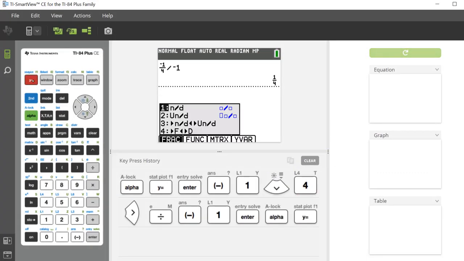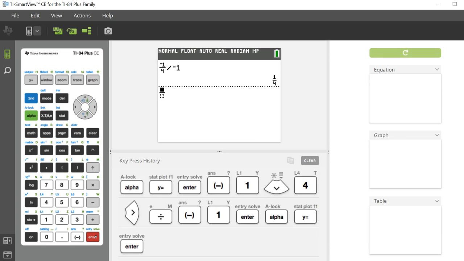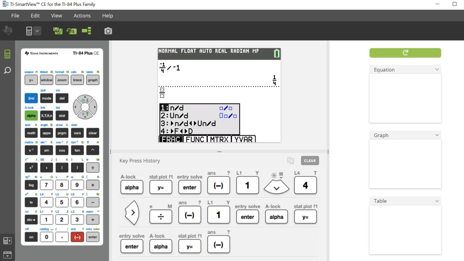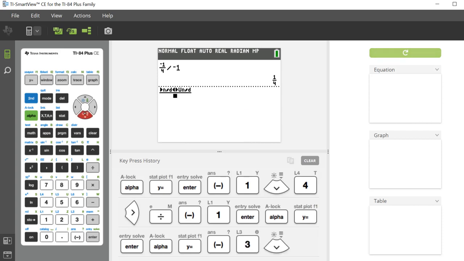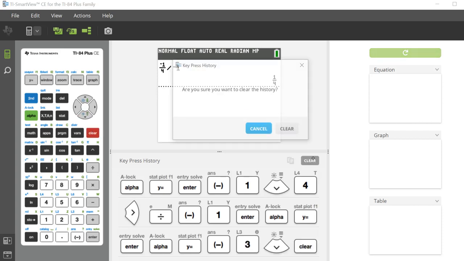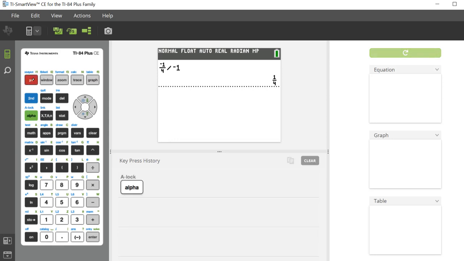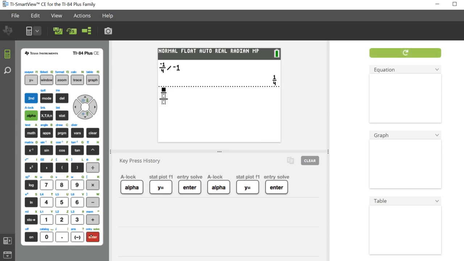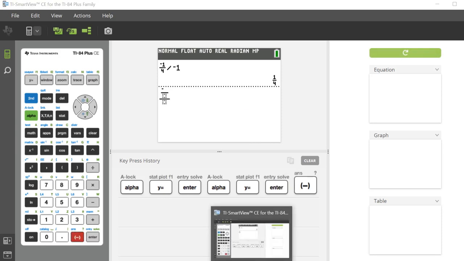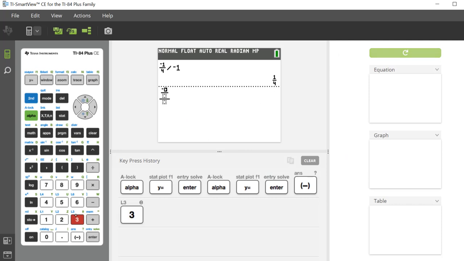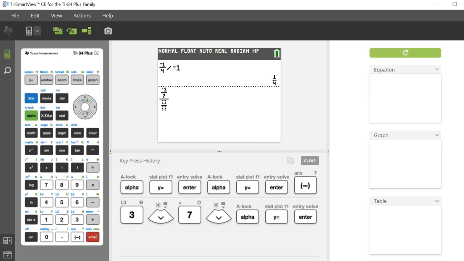So here comes my fraction. In the numerator, I want a fraction. And I want negative, is it 3/7? Yes. Negative 3 over 7 over, I want a fraction, negative 1 over 7.